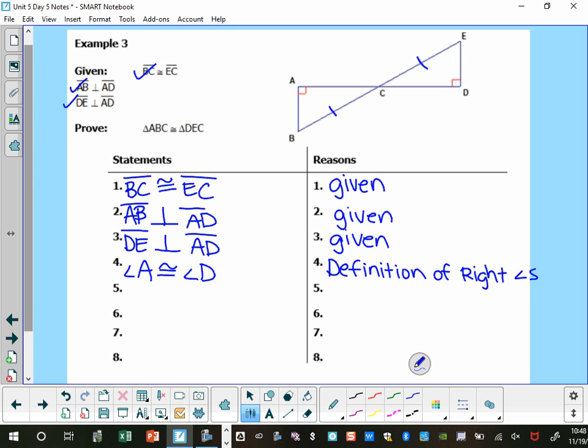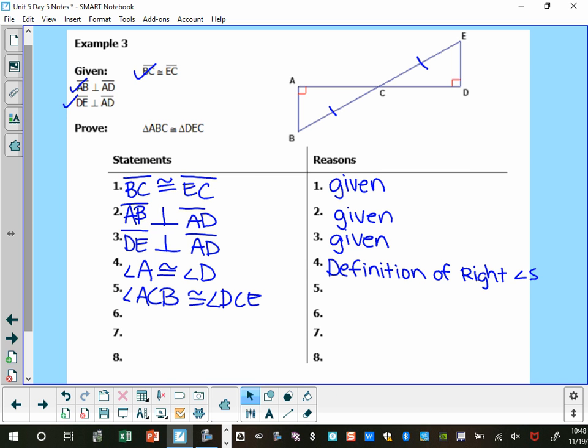All right, and then we have angle ACB would be congruent to what? Angle DCE. Do you guys recognize that we have a vertical angle here? Do you see the vertical angle?